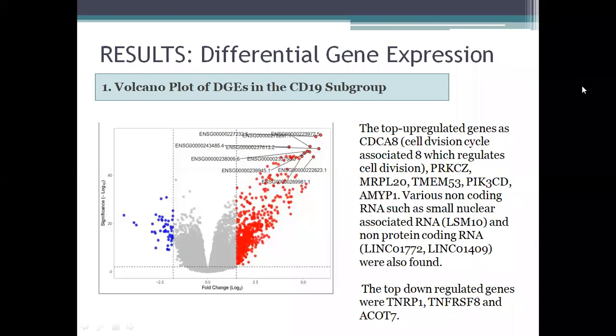The most downregulated genes involve TNRP1 and ACOT7, which is the acyl coenzyme A thioesterase 7. It is a protein coding gene and encodes a member of the acyl coenzyme family, which is very essential in fatty acid metabolism.